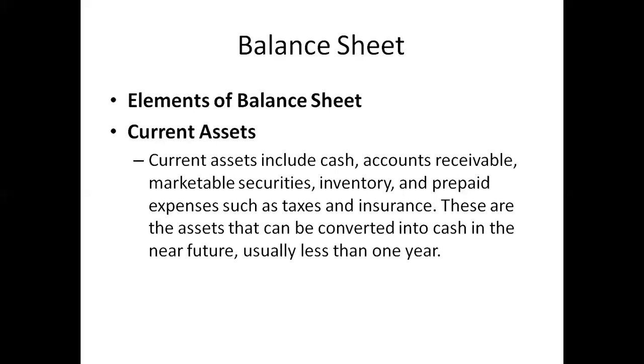The time period for distinction to be in current assets is that it should be convertible within 1 year. Now, cash includes amount in cash and at bank, and also includes short-term deposits or investments that the company makes from time to time when it has some excess cash in hand.